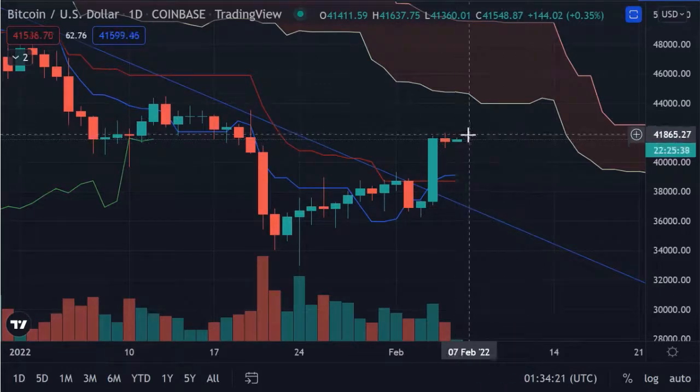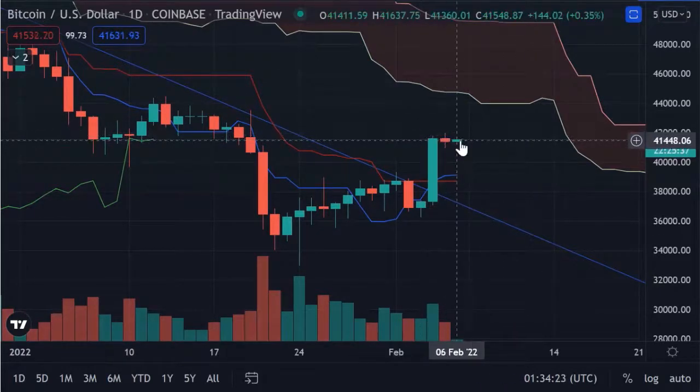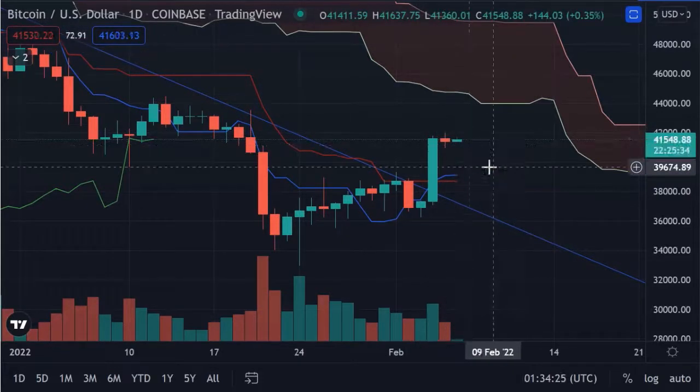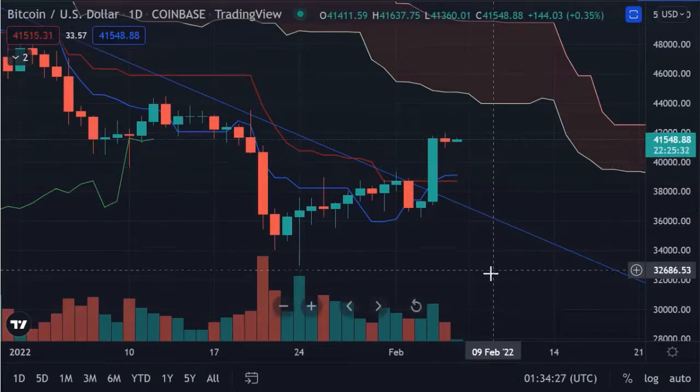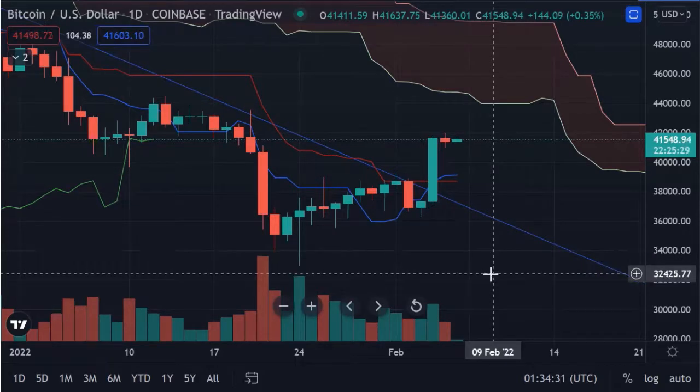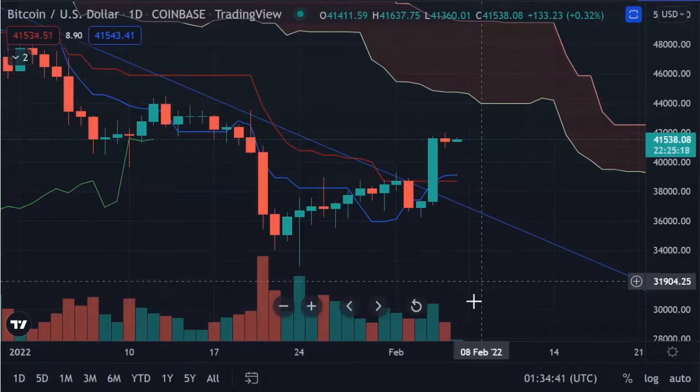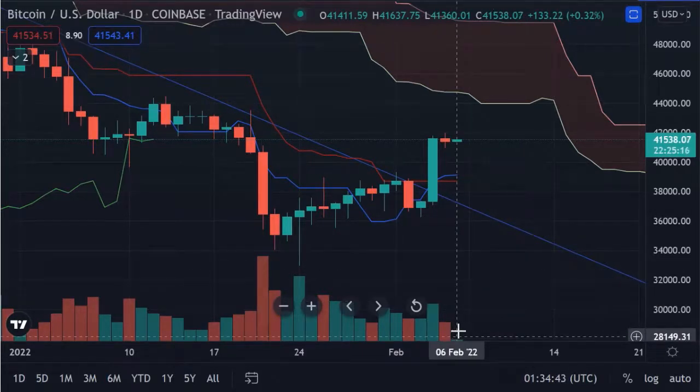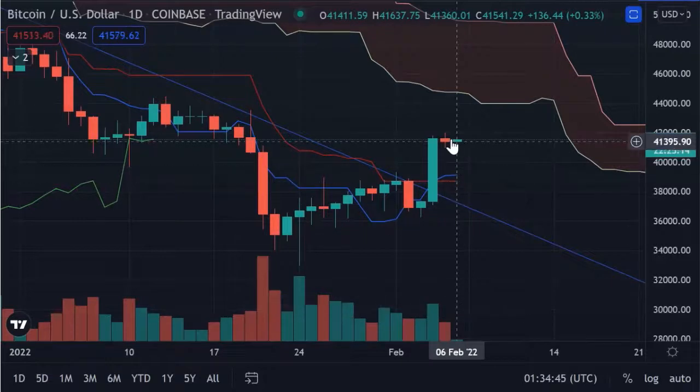If this does not accomplish a breakout above here, then we could see a failure. In addition, one rule of trading is the volume is key. If you have a large breakout bar without the volume coming in, these often fail. So you want to pay particular attention here to the volume.